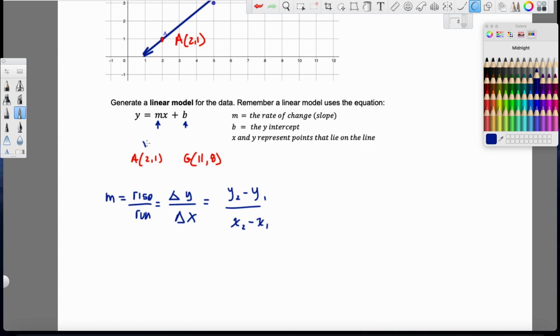I'll say A is my first point and G is my second point. So we substitute: y2, 8 minus 1 over 11 minus 2. 8 minus 1 is 7. 11 minus 2 is 9. So my slope is 7/9.